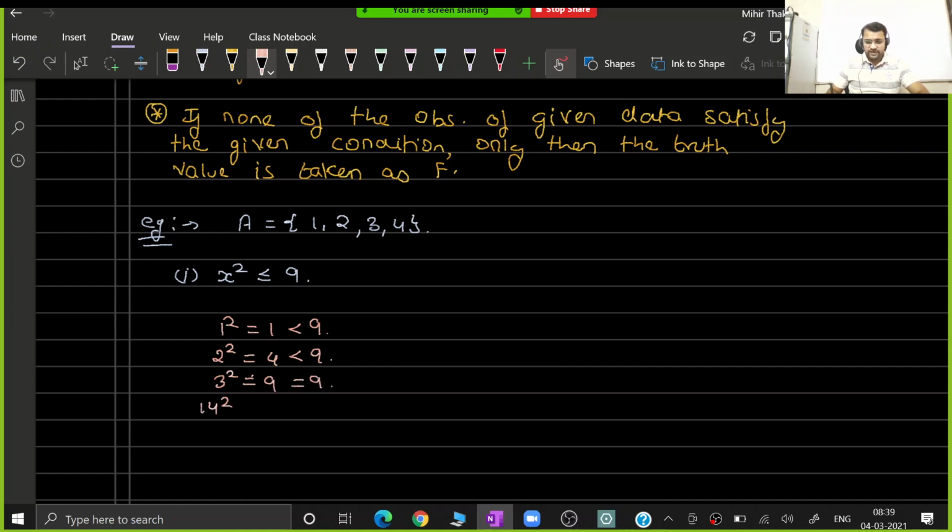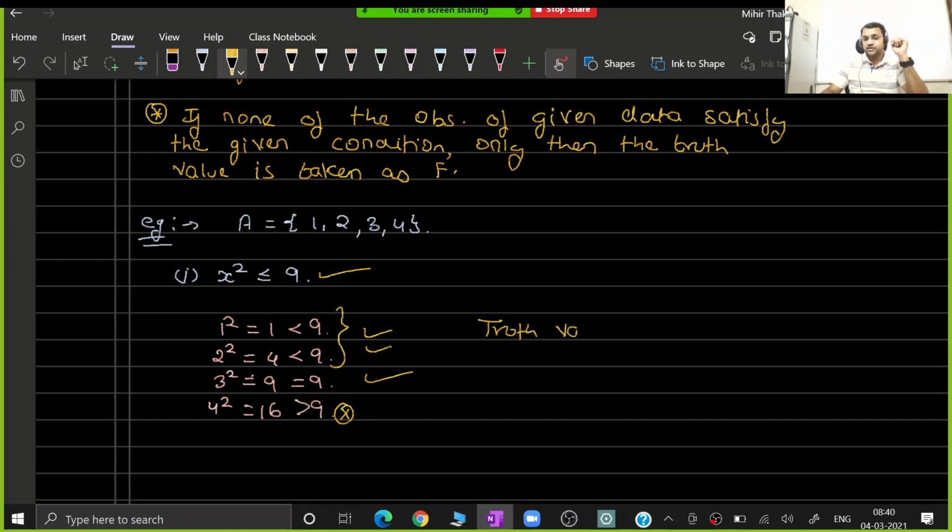And 4 square was equal to 16 which is greater than 9. And I told you for the first 3 values this condition is satisfied, but the last value does not satisfy the condition. So in the previous case we consider the truth value of this statement to be false. But over here I can consider that the truth value is equal to T.